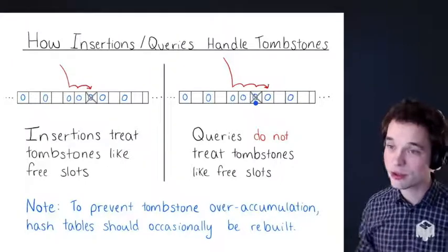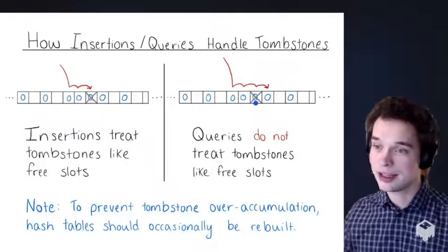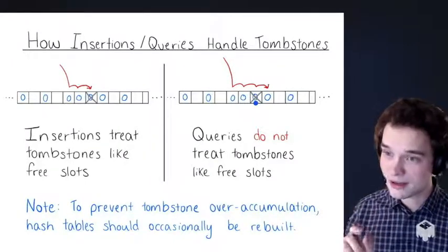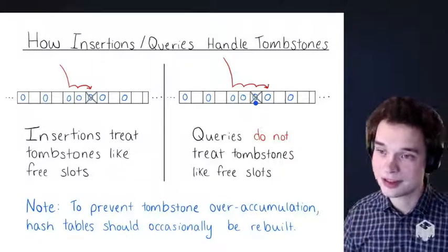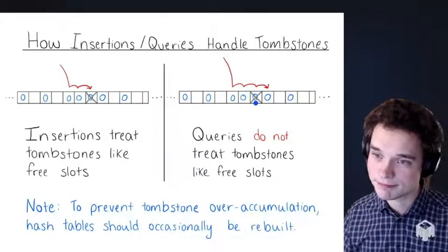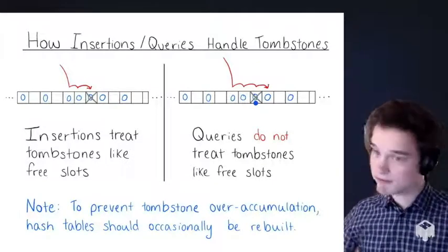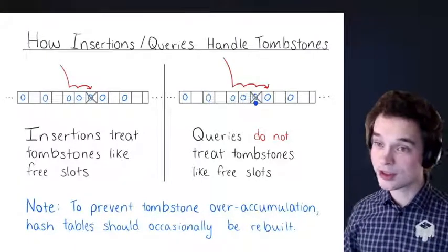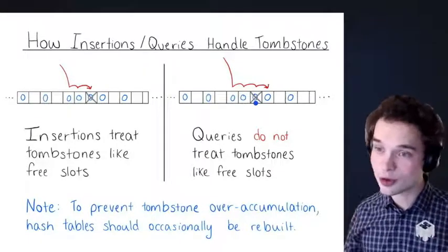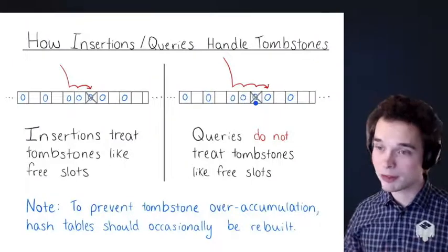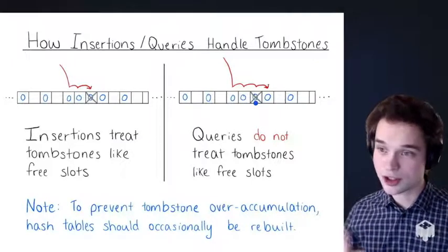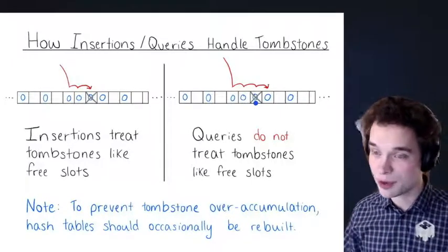That's something we'll be assuming throughout the talk: that your hash table rebuilds every so often, and that you've selected the rebuild frequency to be the optimal one. If you do this, then tombstones interact nicely with both insertions and queries, and you'll end up with a hash table where all of your operations, insertions, deletions, and queries, behave properly together.